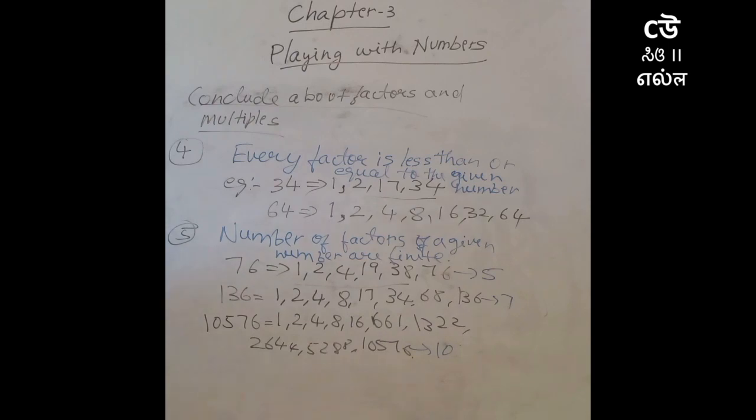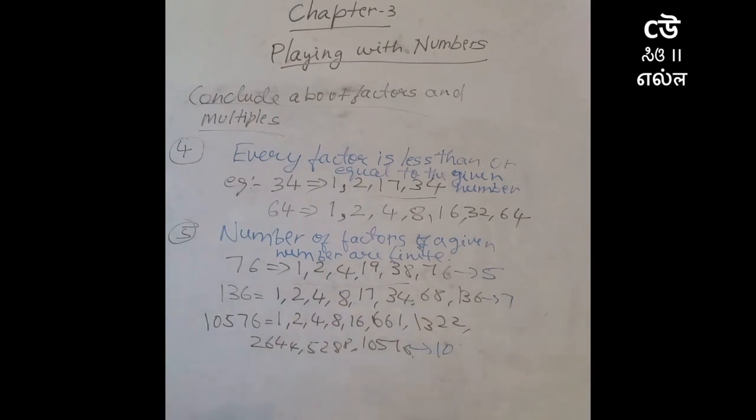So for factors of a given number, we can count them, whether it is a bigger number or smaller number, and tell how many factors we found for a particular number.